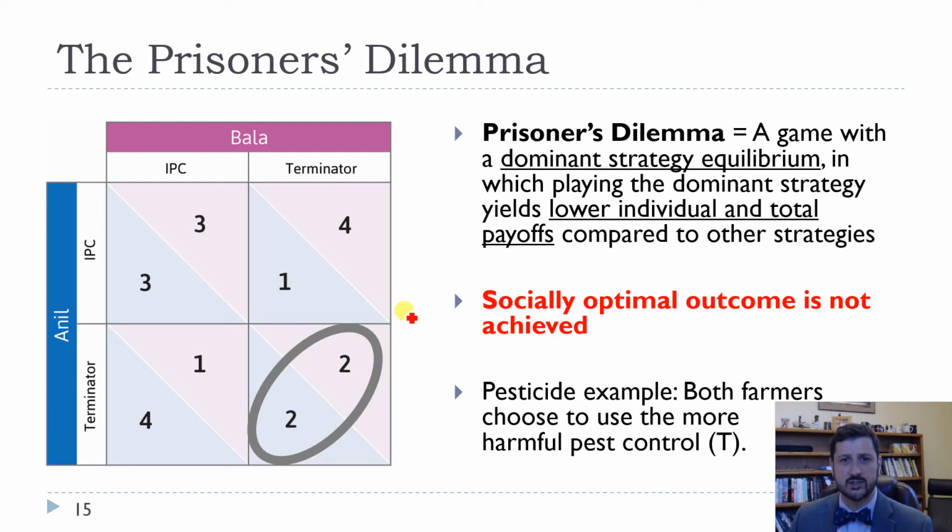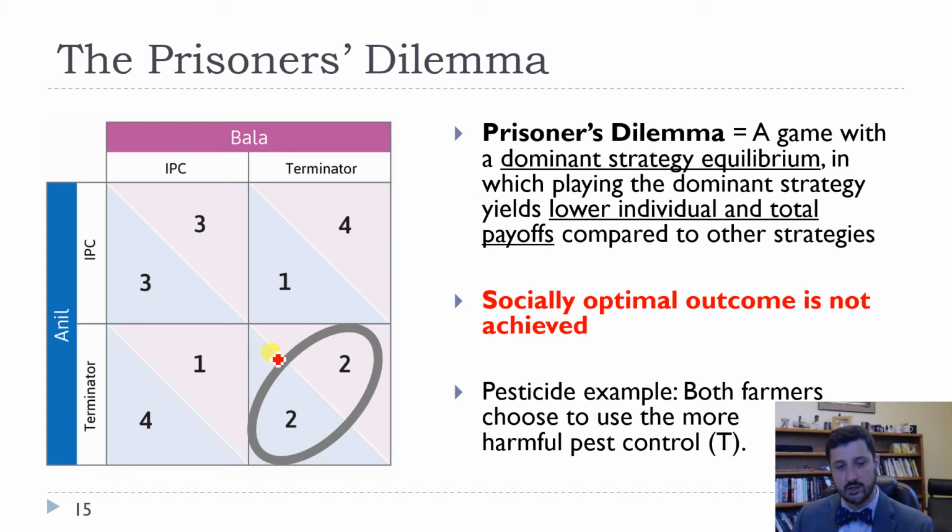And so that's the problem with the prisoner's dilemma: we would like to be up here where both are using integrated pest control, but because of the payoff structure, both have an incentive to use Terminator, and both would be punished if they unilaterally stopped using Terminator and went to integrated pest control, right?